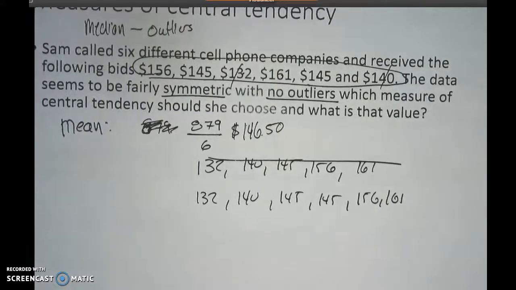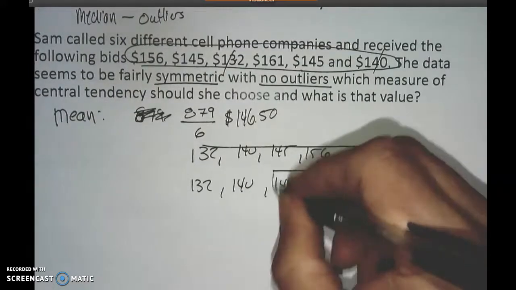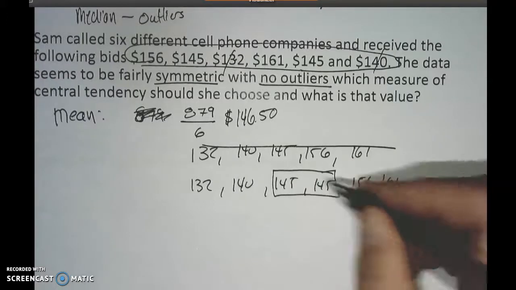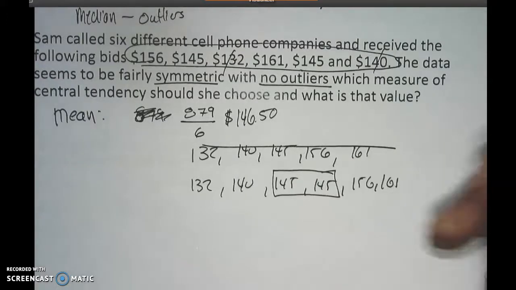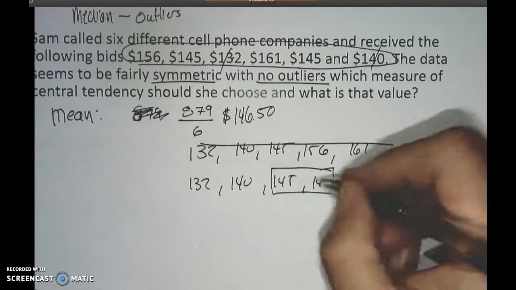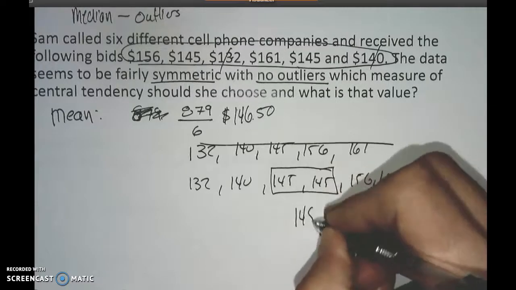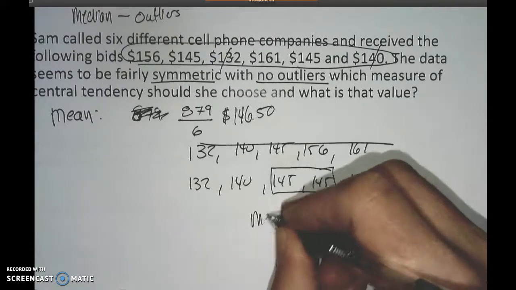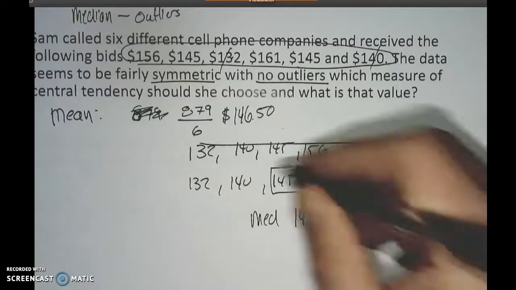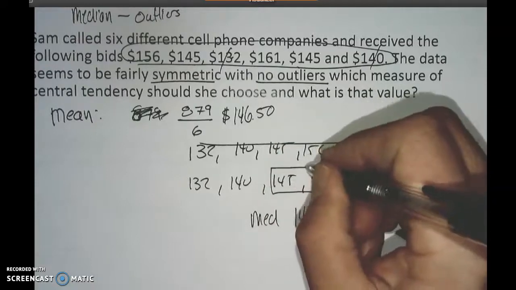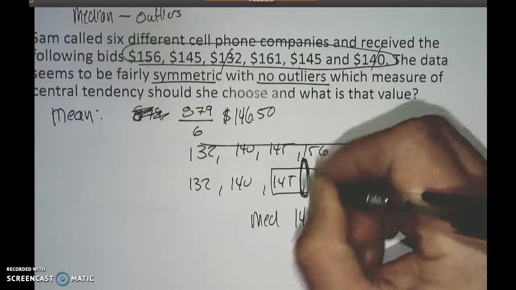Then the median is going to be the middle values. Since it's an even pair, I'm going to add those two together, then divide by 2. So then my median's right here.